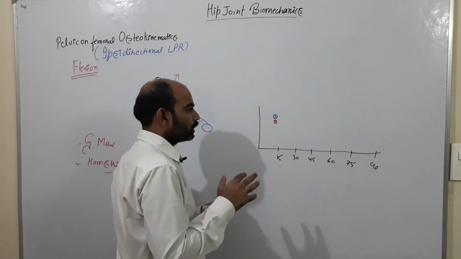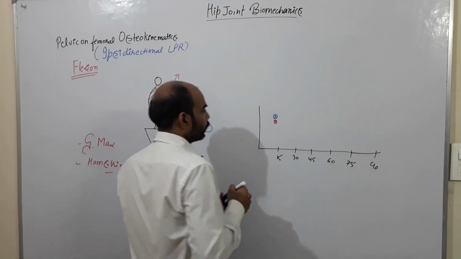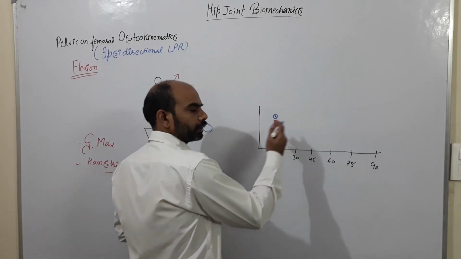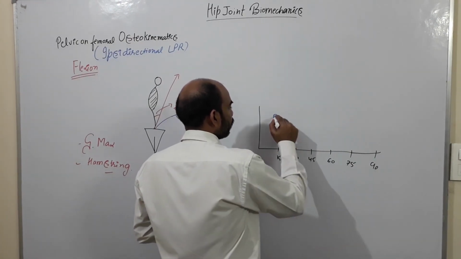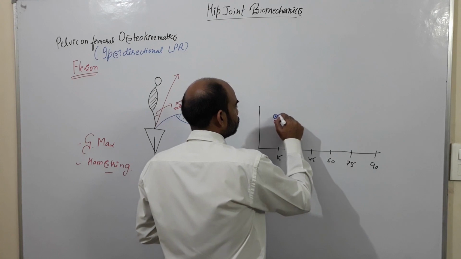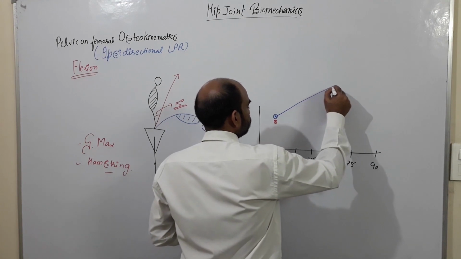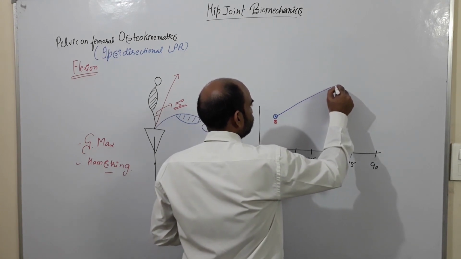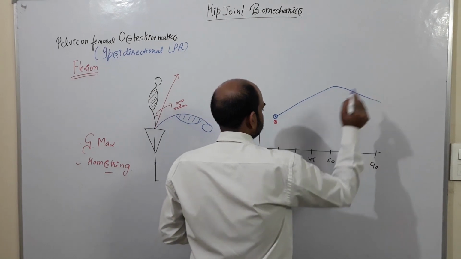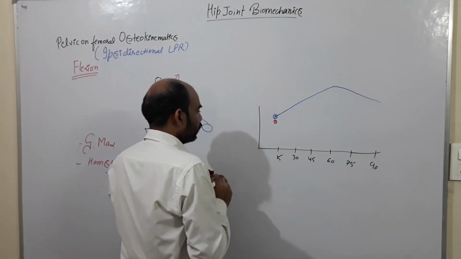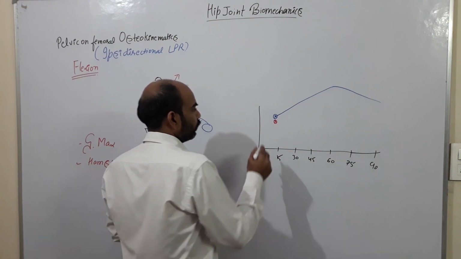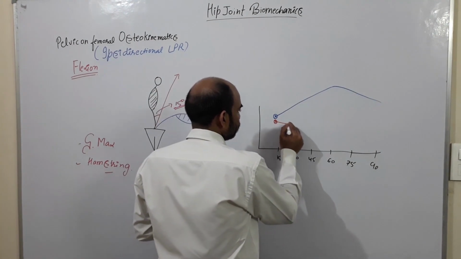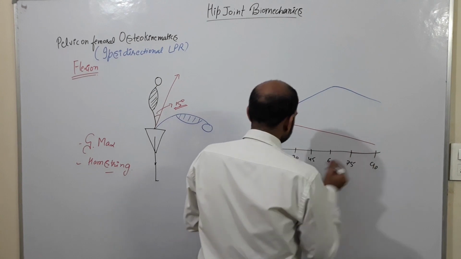Both activities are nearly equal, and when the trunk flexion angle is increased, the activity of the hamstrings gradually increases up to 60 degrees and then slightly reduces. And when the trunk flexion angle is increased, the activity of gluteus maximus is gradually reduced.